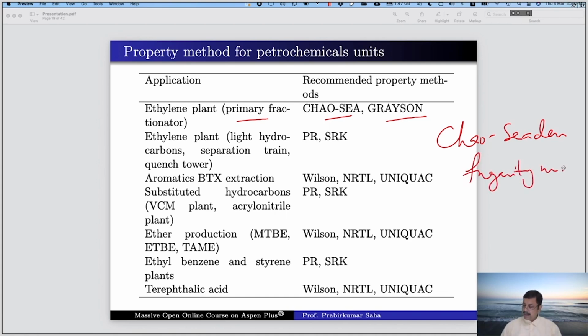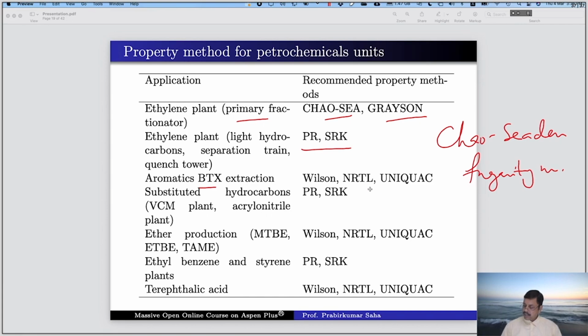If we have an ethylene plant with light hydrocarbons and separation train, quench tower, then we can use Peng-Robinson or Redlich-Kwong models. For aromatics, benzene, toluene, xylene extraction, we can use Wilson, NRTL, UNIQUAC models.